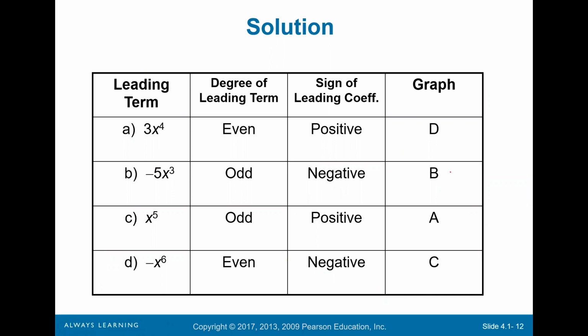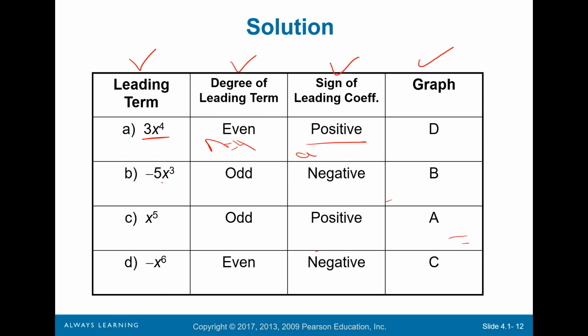This table here is telling us solutions. If you notice, here is the leading term, degree of the leading term, the sign of the leading term, and graph. So this was explaining how I got the answer from the last one. The leading term for A was 3x to the 4th. The n value, which is 4 here, is even, and the A is positive.